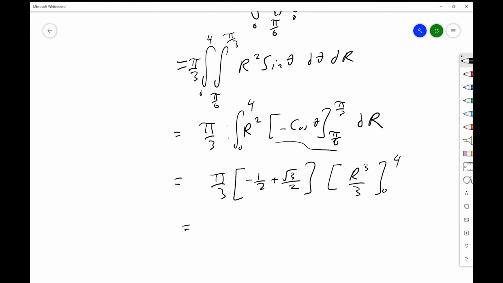You do this calculation, it turns out it gives you 8.177 meter cubed. All right, and that's the volume integral.